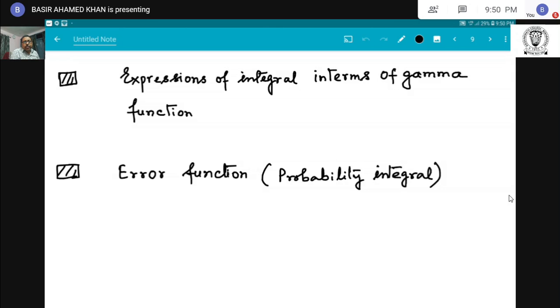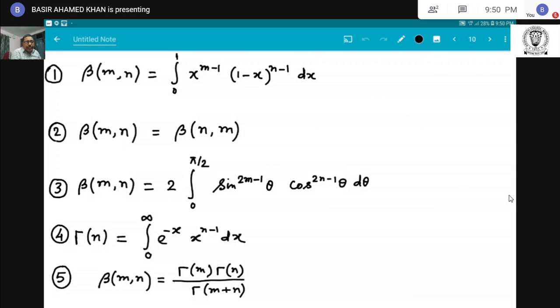Now, before going to the expression of integrals in terms of gamma function, I just introduce some standard value of beta and gamma function.